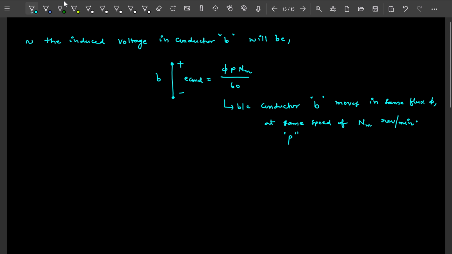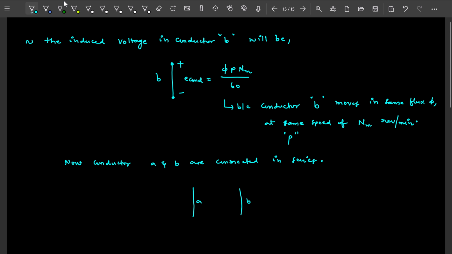Now these two conductors A and B are connected in series. That is, we are going to have conductor A like this, and we are going to have conductor B like this.